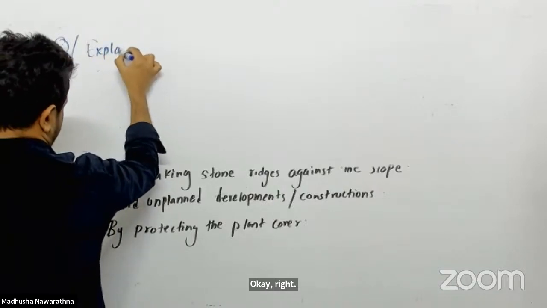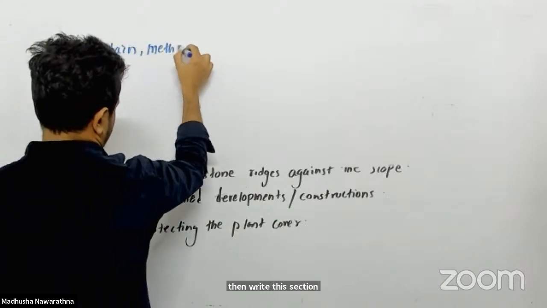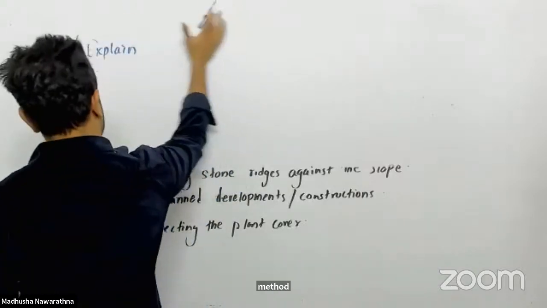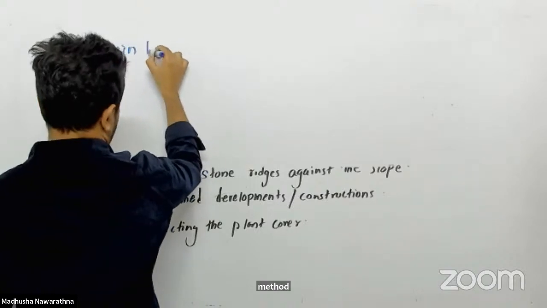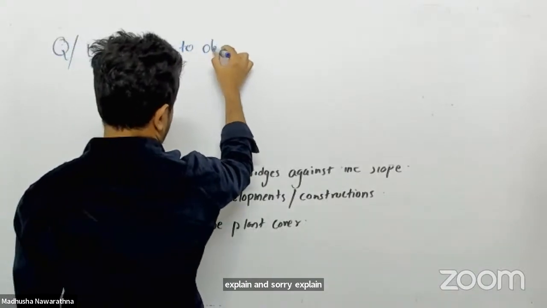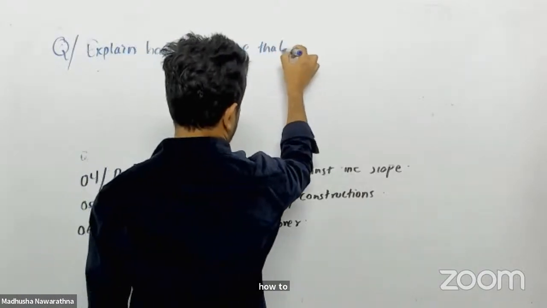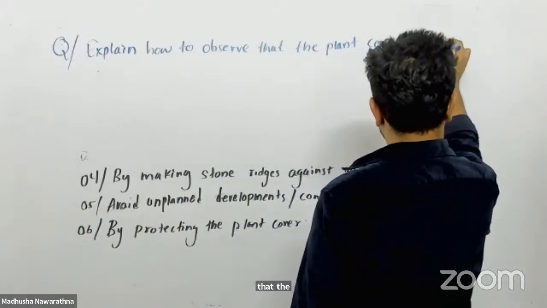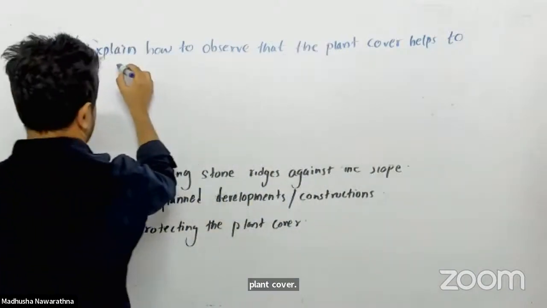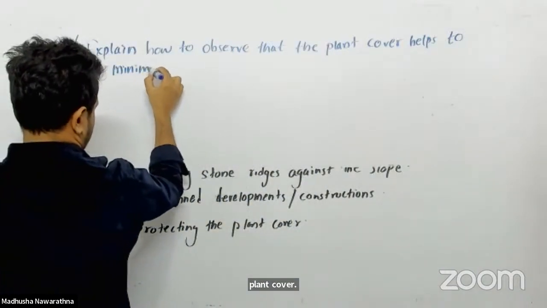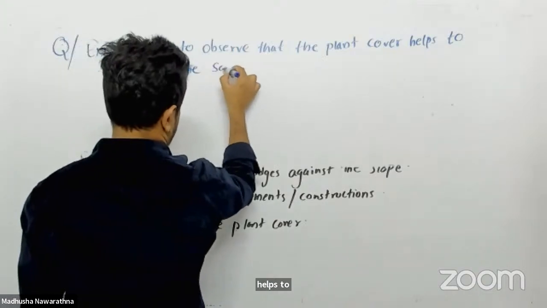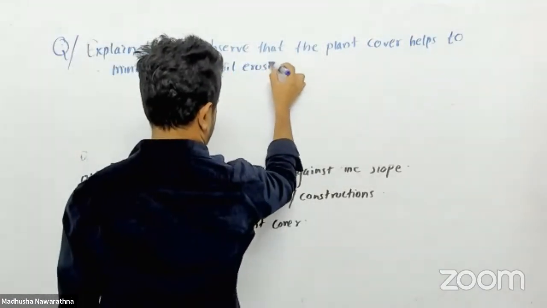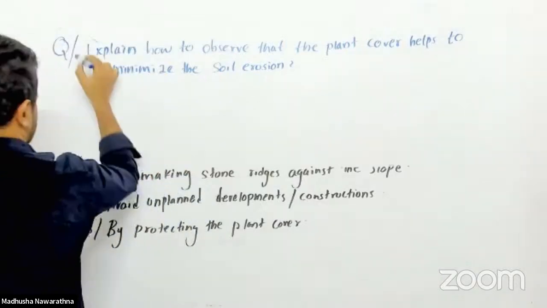Explain how to observe that the plant cover helps to reduce soil erosion.